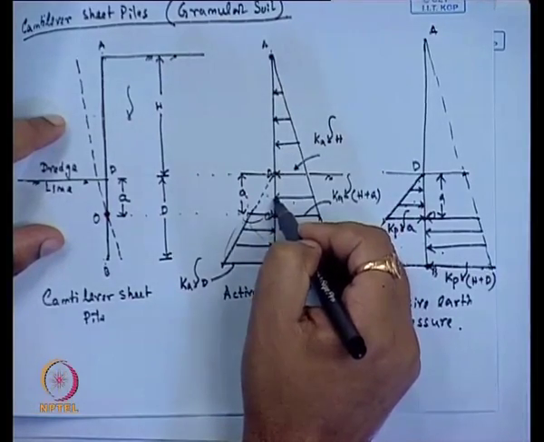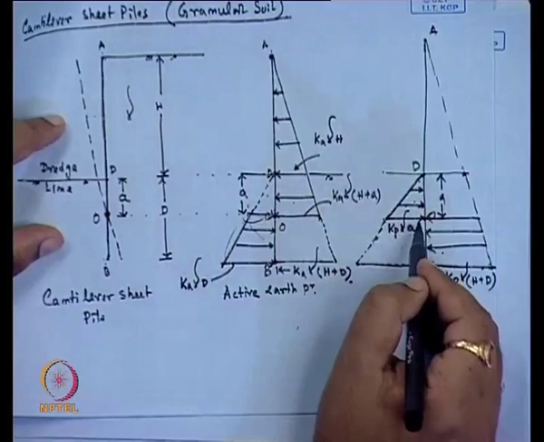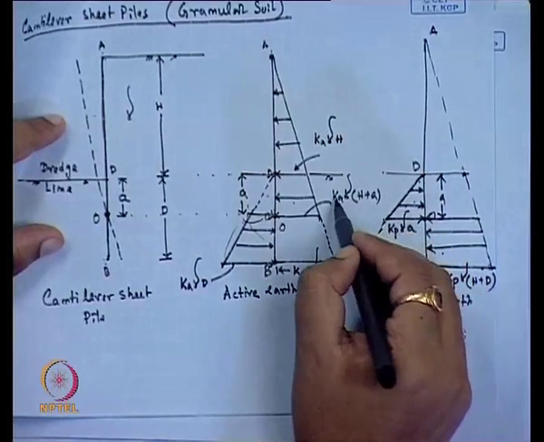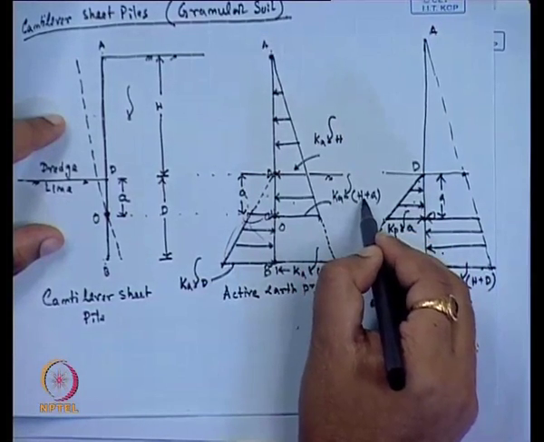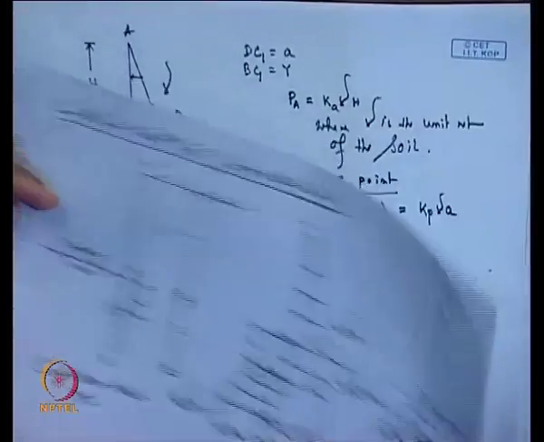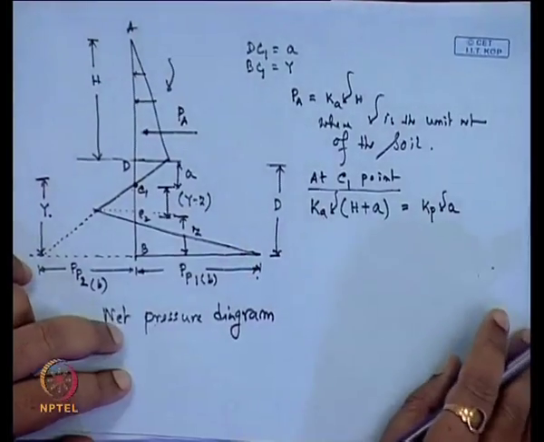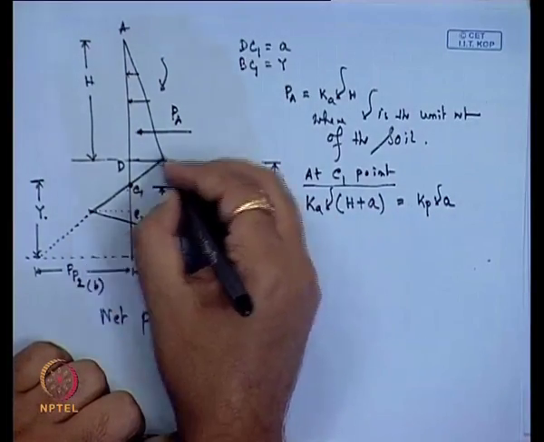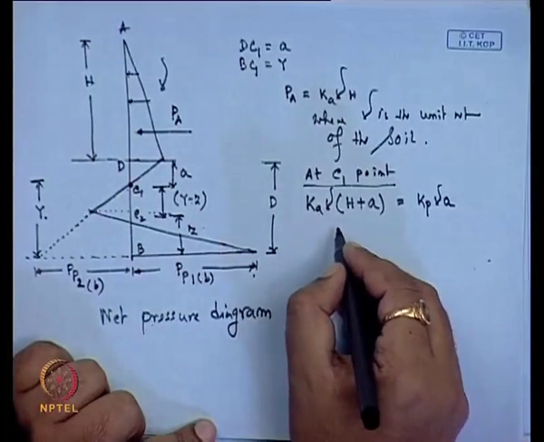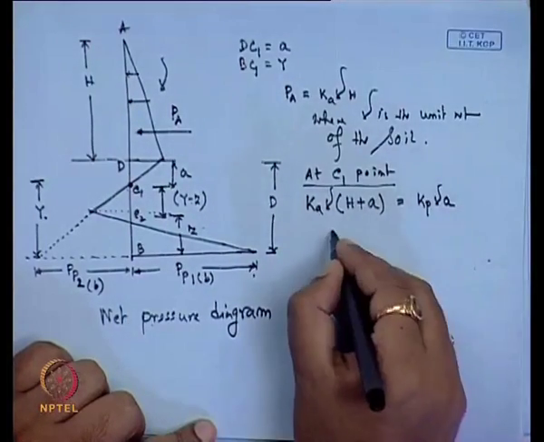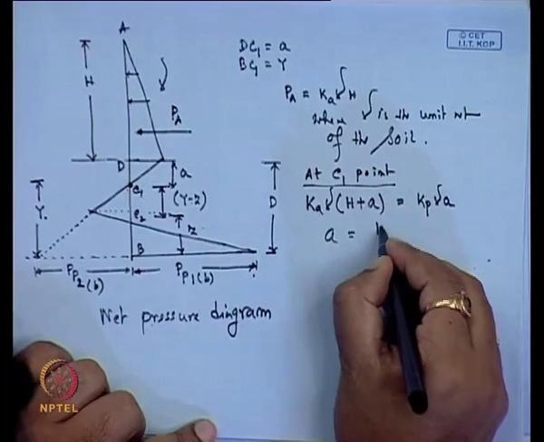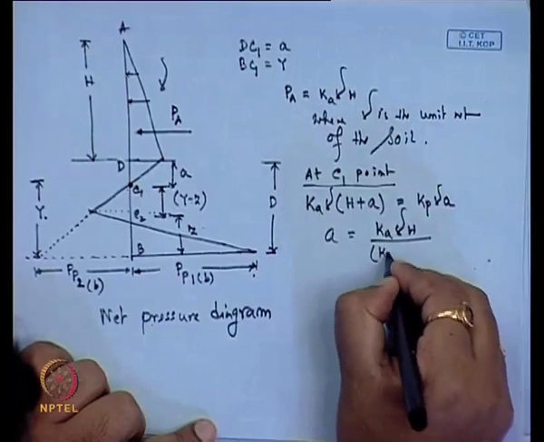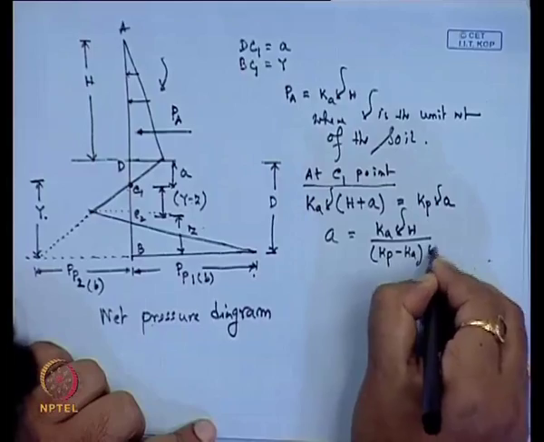So at this point the active pressure is equal to the passive pressure. The passive pressure at this point is K P gamma into A, and the active pressure is K A gamma into H plus A. If we equate these two, the net pressure is 0. If I simplify, the A value will be K A gamma H divided by K P minus K A into gamma.